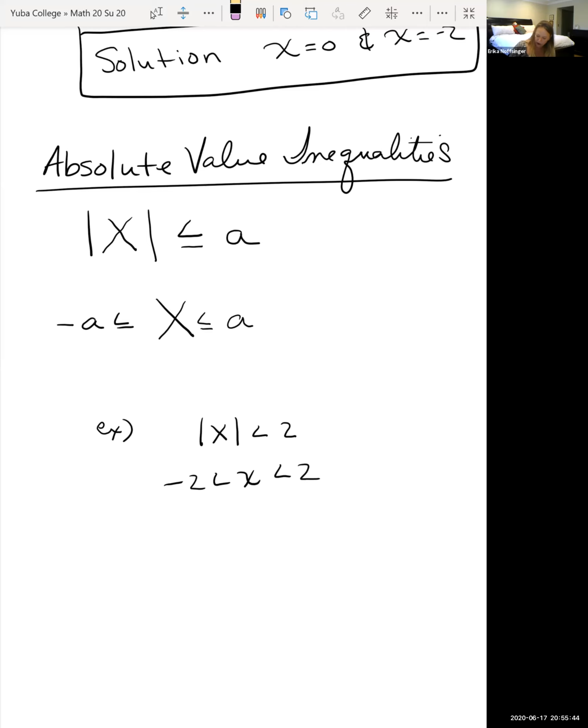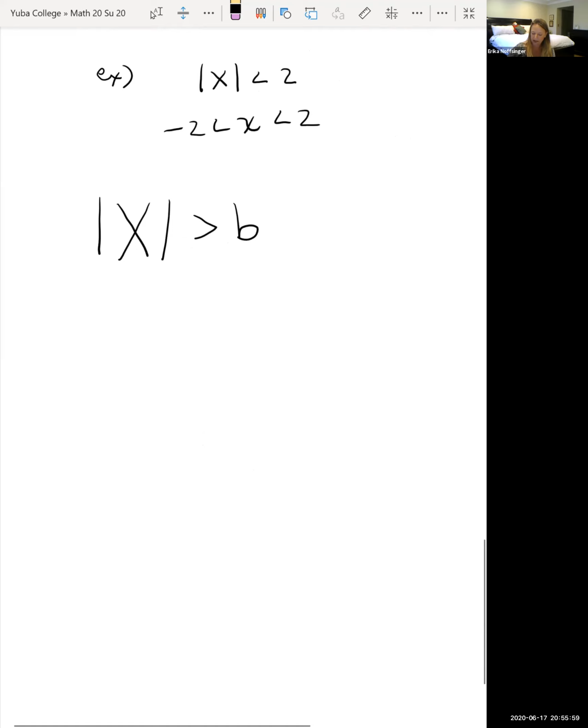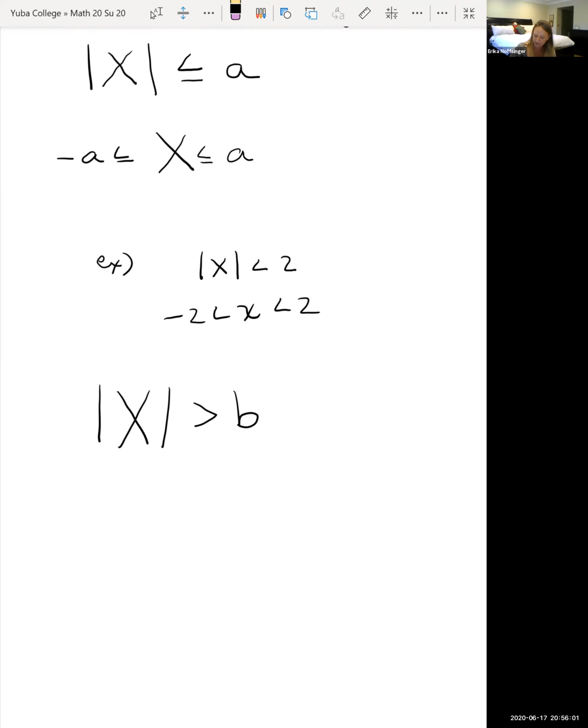The other direction, if it had been a greater than absolute value inequality, so if you had absolute value of x is greater than or equal to some number b, then to drop the absolute value, we actually have an OR statement.